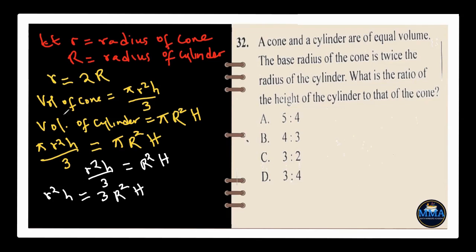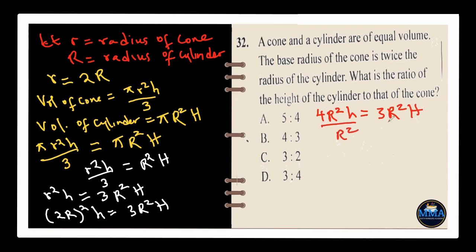Now we go and substitute. Anywhere we see small r, you put 2 capital R. So we are going to have 2 big R all squared, then h equals 3 big R squared times H. So if we clear that now, we are going to have 4R squared h equals 3R squared H. So let's divide both sides by R squared.